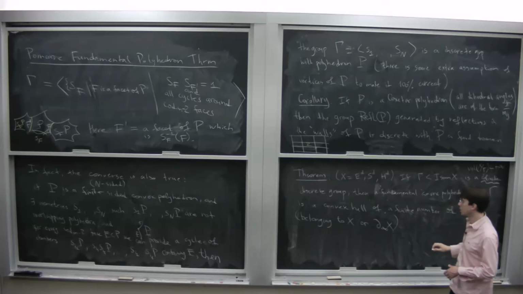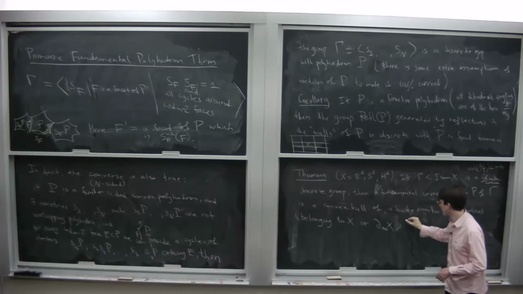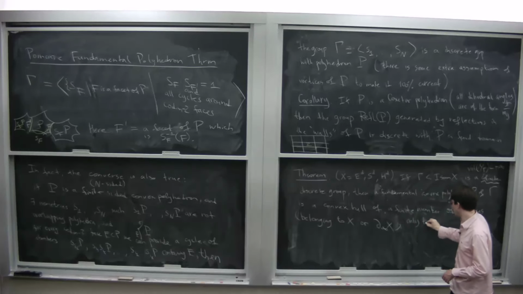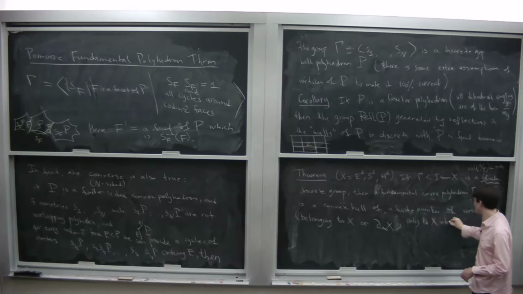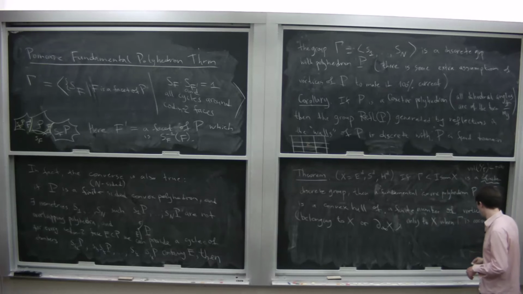And I will actually leave a remark: they belong only to X when gamma is co-compact, which means that X mod gamma is compact.